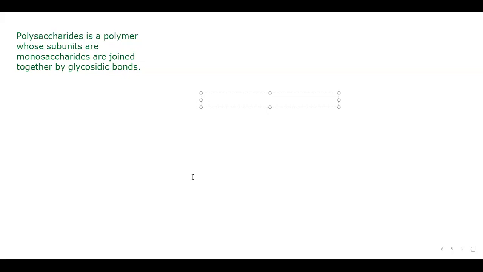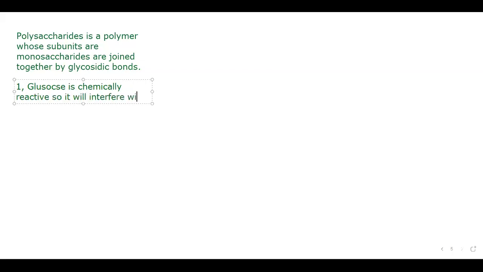The reason we need to store glucose in the form of a polymer is because, reason number 1, glucose is a highly reactive molecule. Since it is a highly reactive molecule, it is going to interfere with the chemical reactions in the body.